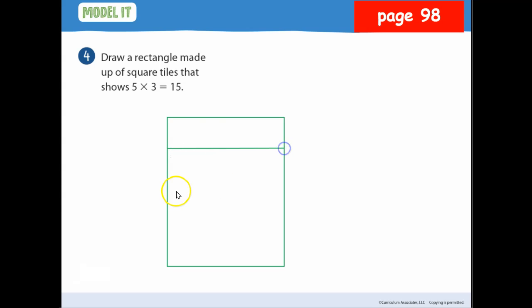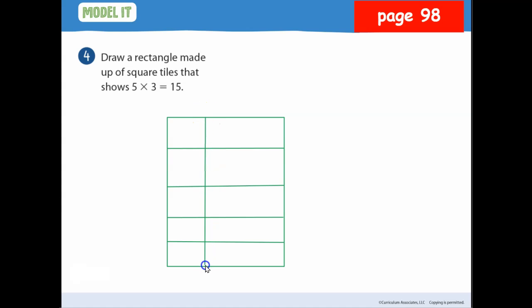1, 2, 3, 4. Doesn't have to be perfect, but you get the point. If I just use 4 lines, I make 1, 2, 3, 4, 5 rows. So I have 5 rows. What does the next number tell me? 3 what? 3 columns. So if I use only 2 lines, I make 3 columns.